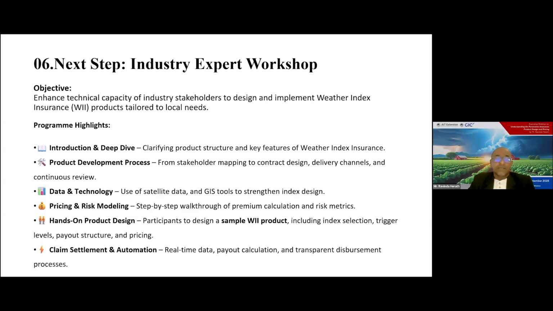We are going to design a sample product with participants, and also claim settlement and automation, how that can be done with real-time data inputs, right?